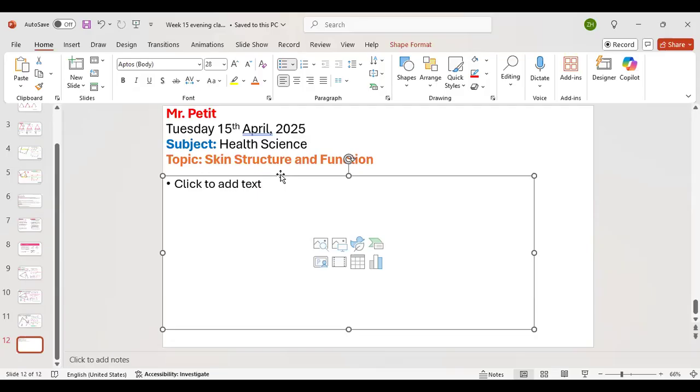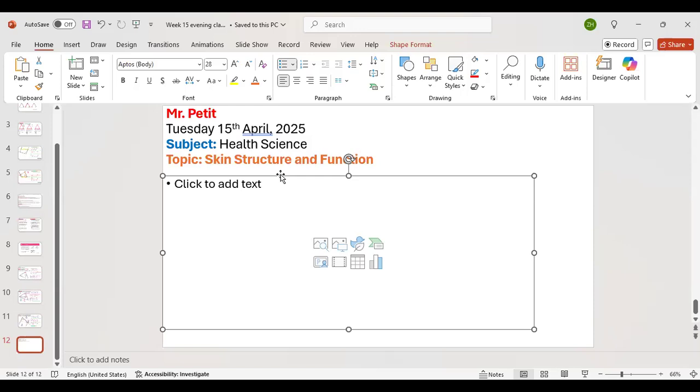The epidermis. Okay, what is the epidermis? The outermost layer of the skin. Very good. The dermis. What's the next layer that we have? The dermis. The fat layer is the next one. But the dermis is one too. Okay, good.